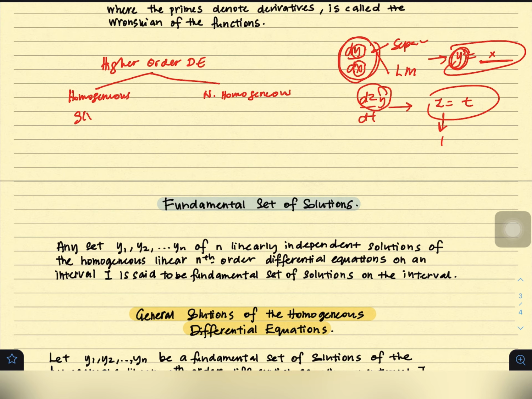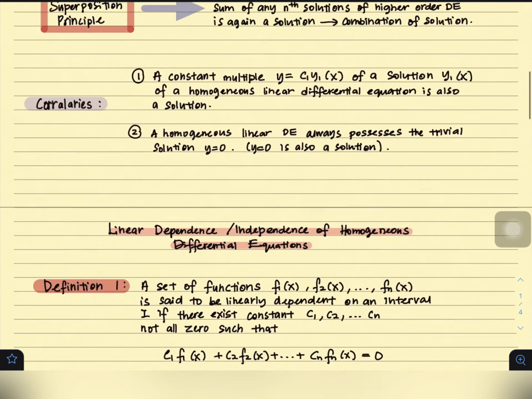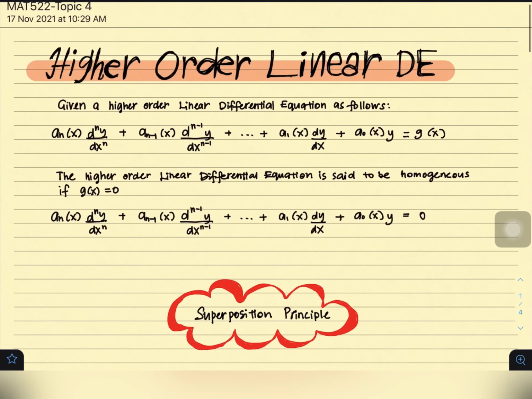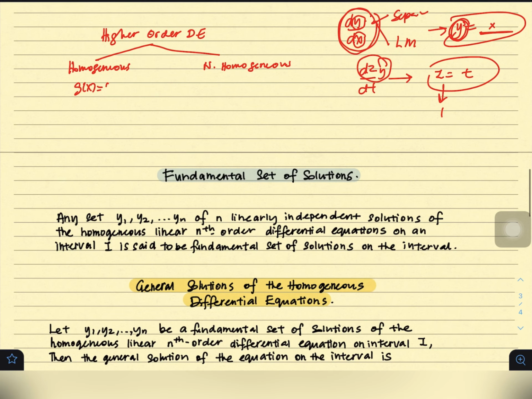If the function g(x) on the right side of our differential equation is equal to 0, then the equation is homogeneous. If g(x) is not equal to 0, the differential equation is non-homogeneous.